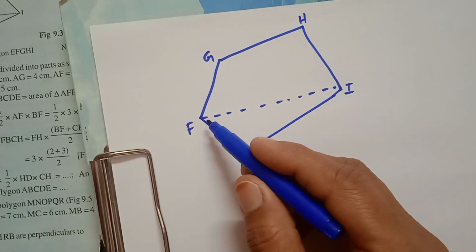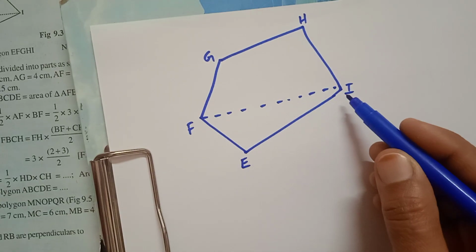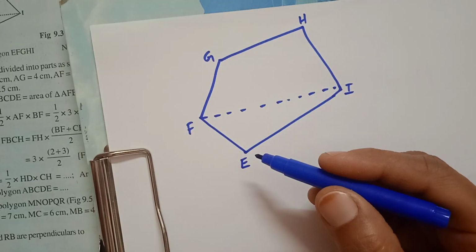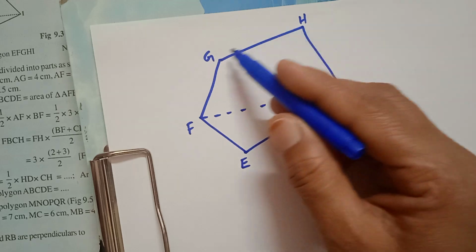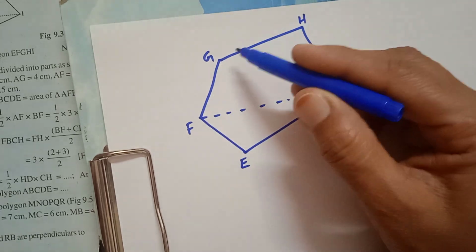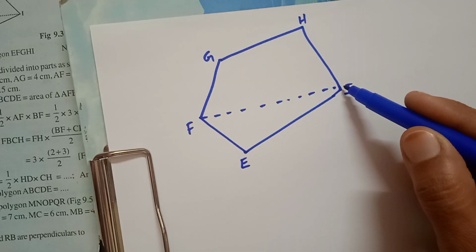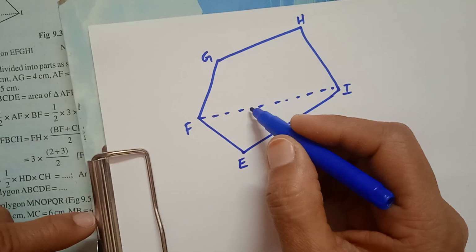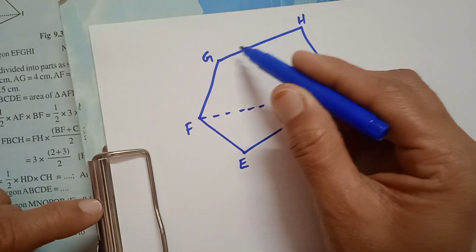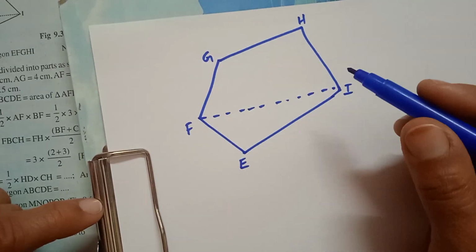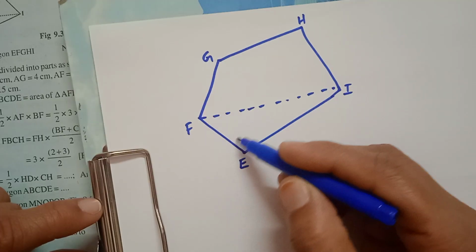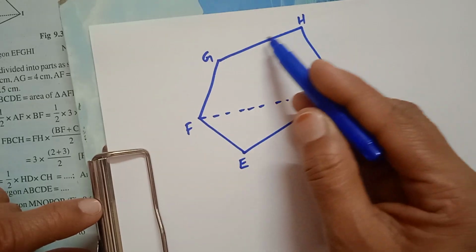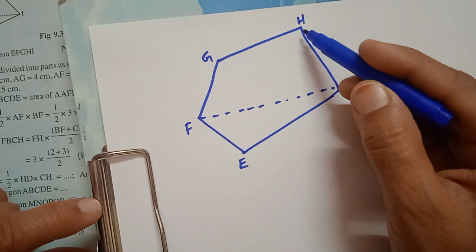Now they have already drawn a diagonal FI. This diagonal is dividing this pentagon into a triangle as well as one more quadrilateral, GFIH. Okay, now I will show you how to find the area. See, the area of this polygon is nothing but the area of this triangle FEI as well as the area of this quadrilateral.